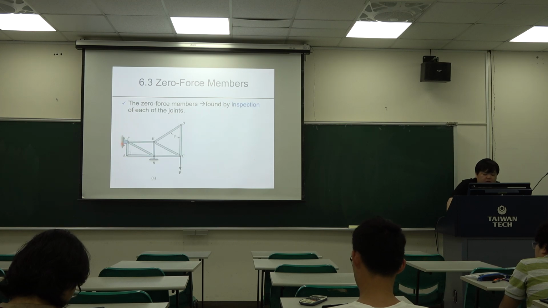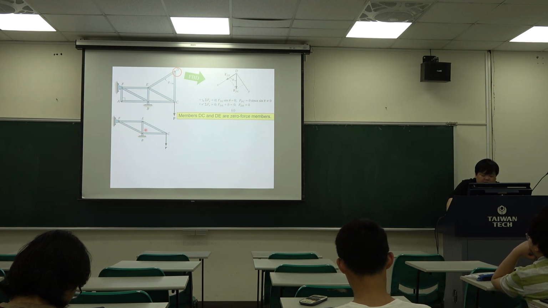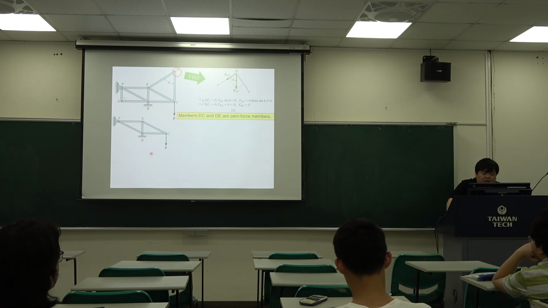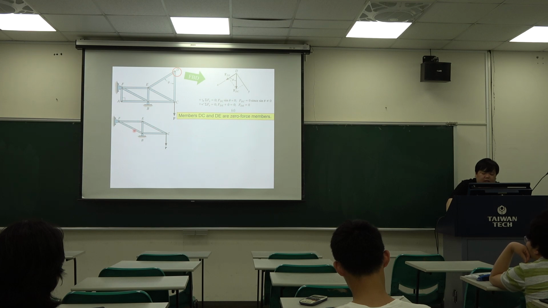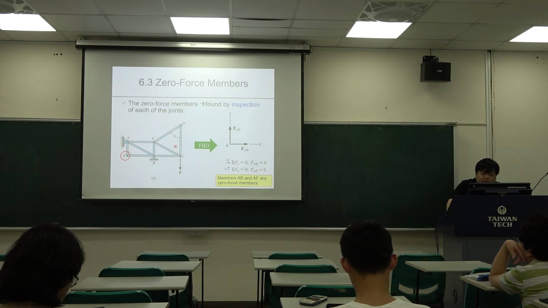Like this figure, this is enough in a static situation. But if the truss gets other forces, maybe like an earthquake or something, then it is not static. We need to use this zero force member to support the truss and keep it very stable.